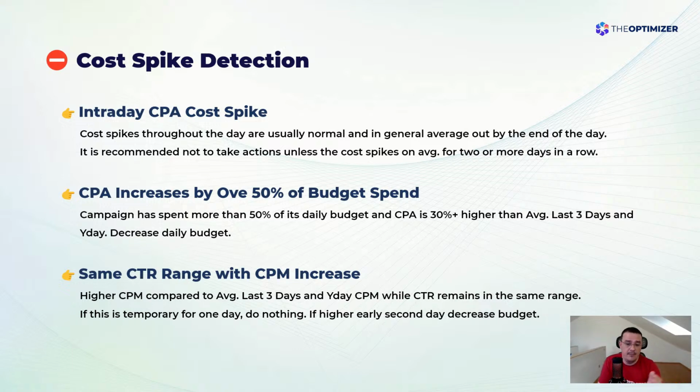On the other hand, if you want to do day-to-day optimizations and keep it under more control: if the campaign has spent more than 50% of the daily budget, and you see a CPA increase of more than 30% over the average CPA of the last 3 days, then you decrease the daily budget. That way you save whatever you can, and the new day starts at a lower budget.